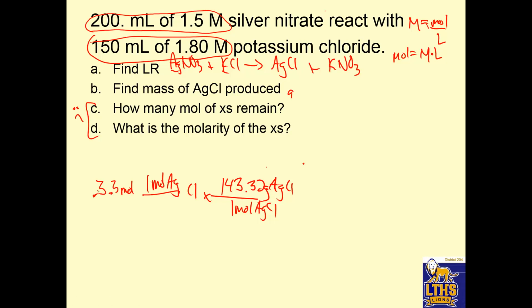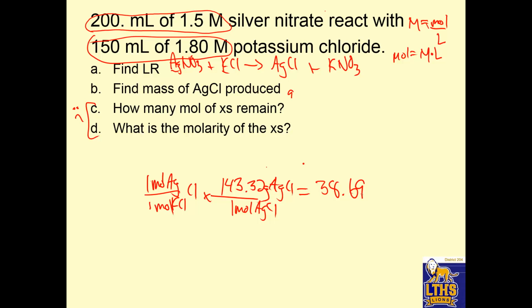Oh, come back here now. This was 0.27 moles, isn't it? 0.27 moles of KCl. And then 1 mole KCl. So 0.27 times 1 divided by 1 times 143.32. And that equals 38.69.